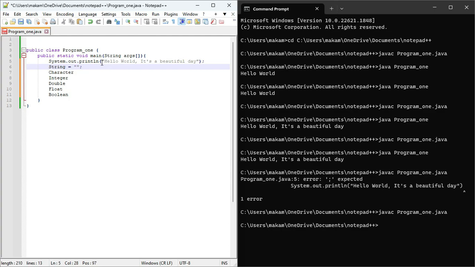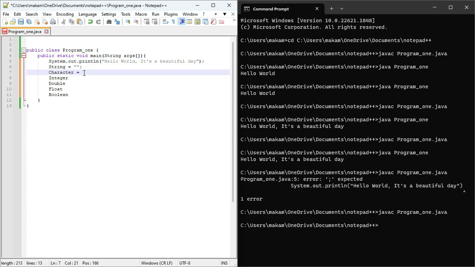So what you see here, this "hello world, it's a beautiful day", what is that? It is a string. Why? Because it's under quotation. It doesn't matter what we have in here. Anything that is underneath double quotation is regarded as a string. I can have a number in here and we would still say this is a string. So a string stays underneath double quotation.